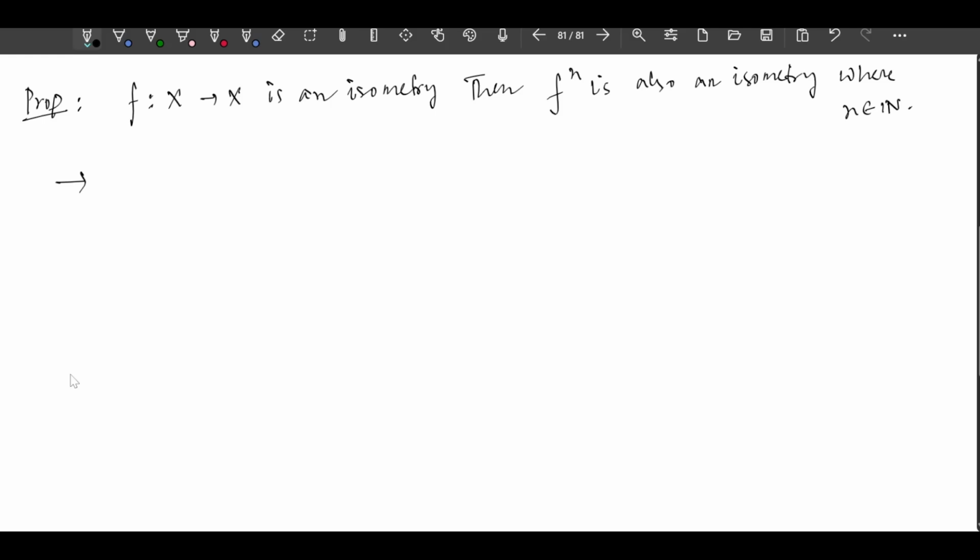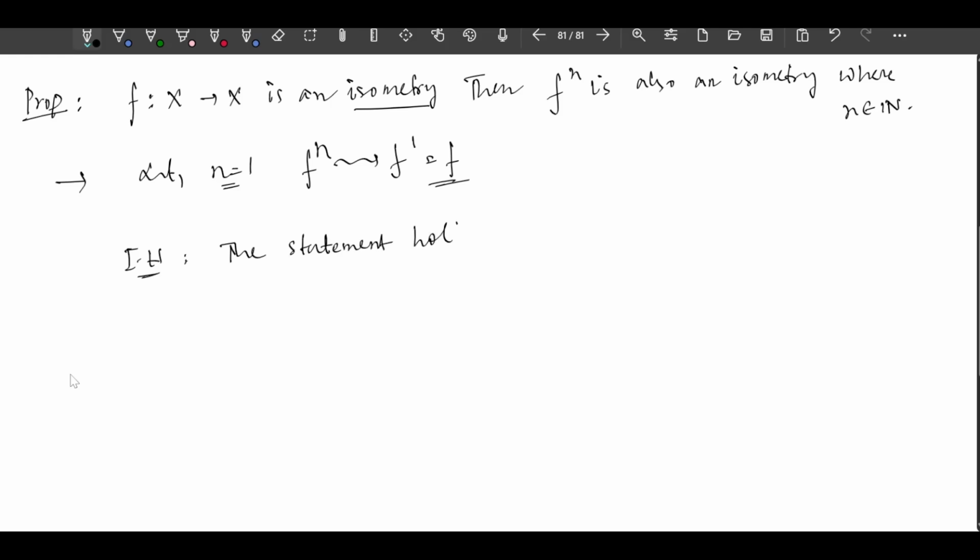We will prove that using the induction method. First of all, let n equal to 1. Then F to the power n is nothing but F to the power 1, that is F, right? That F is an isometry is given, so the base case is done. The inductive hypothesis is that the statement holds for k belongs to natural number.